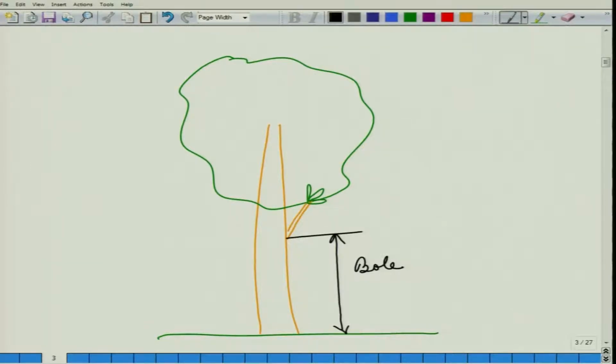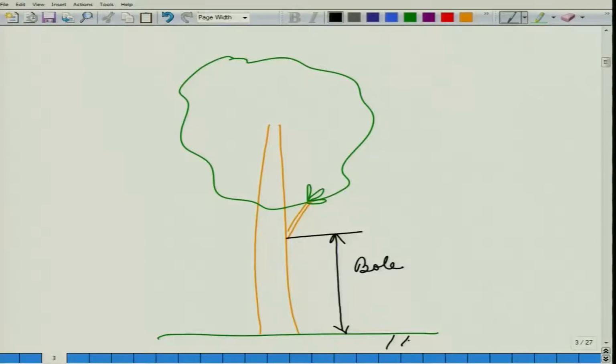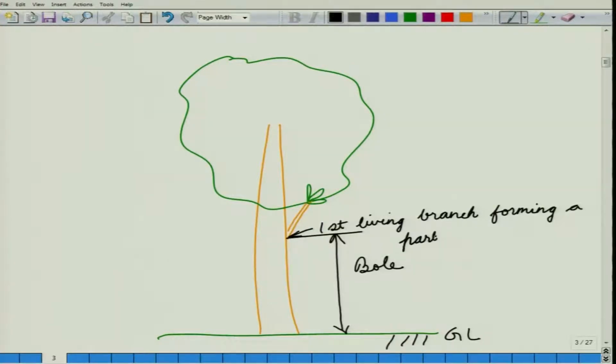It is the distance from the base of the tree, that is, from the ground level, to the base of the first living branch that forms part of the tree crown. So, this is the base of the first living branch forming part of the tree crown.